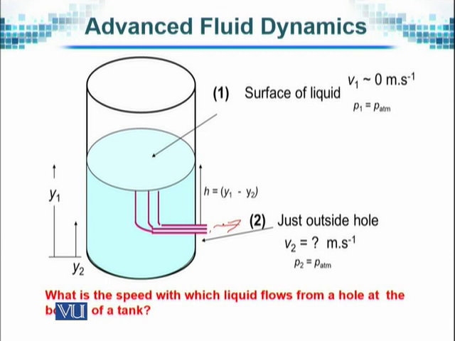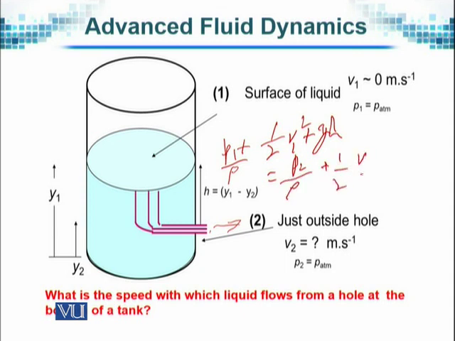P1 and P2, because we have to equate Bernoulli's equation. So P1 over rho plus half V1 squared plus g y1 has to be equal to P2 over rho plus half V2 squared plus g y2.